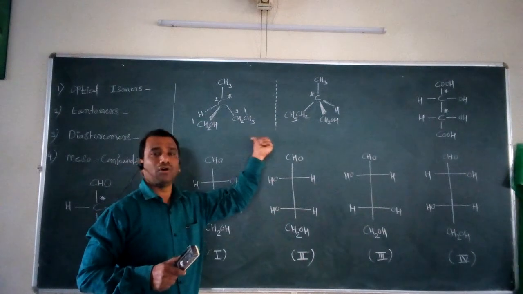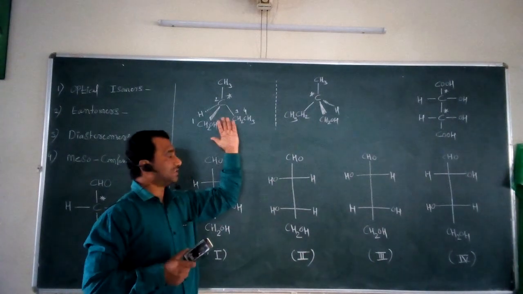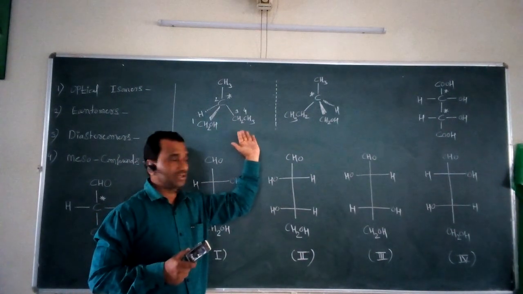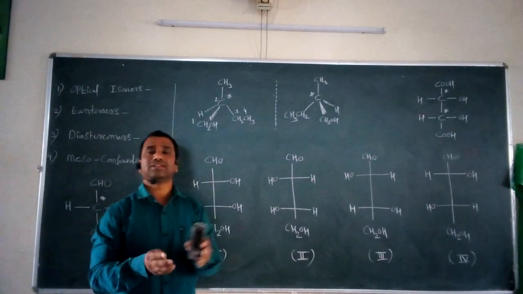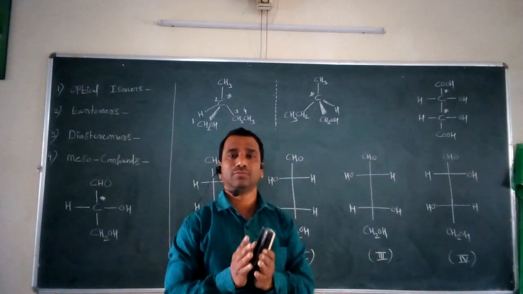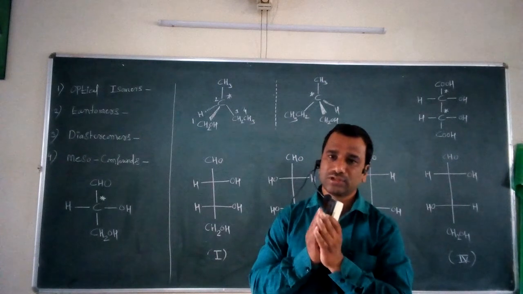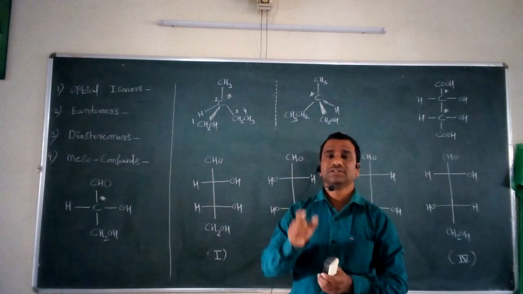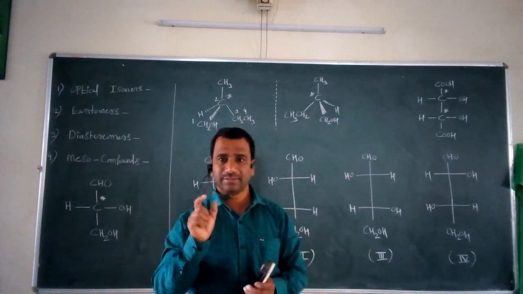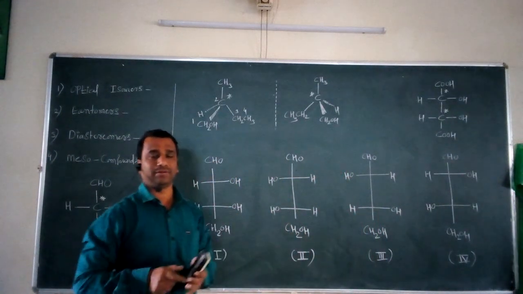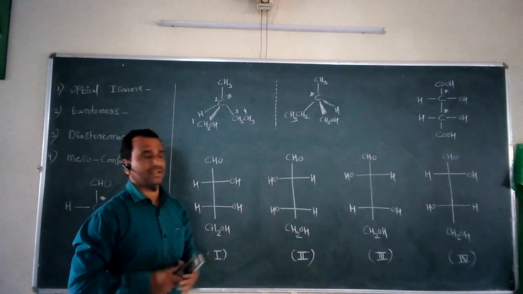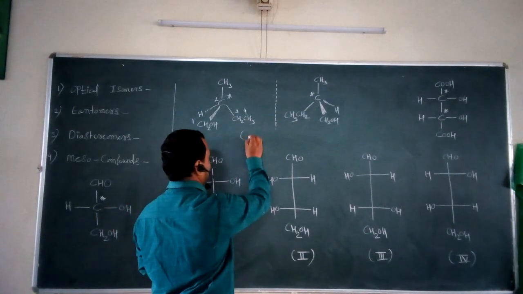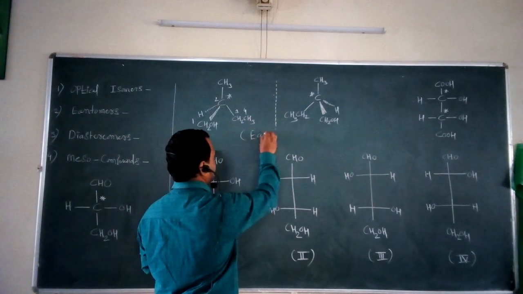These are non-superimposable. If we place this form of 2-methyl 1-butanol on this second form, they are called non-superimposable mirror images. So whenever stereoisomers are non-superimposable mirror images of each other, that type of stereoisomers are called enantiomers.